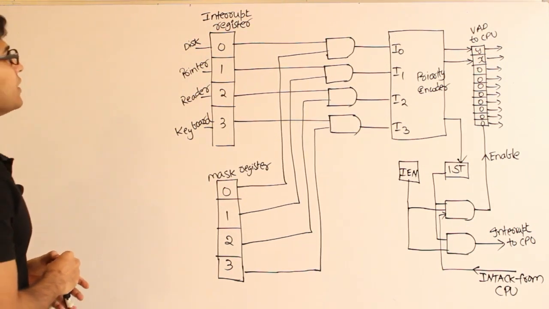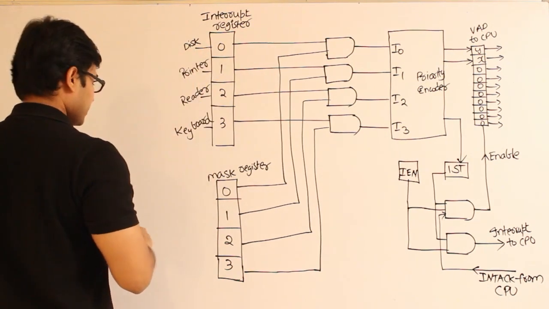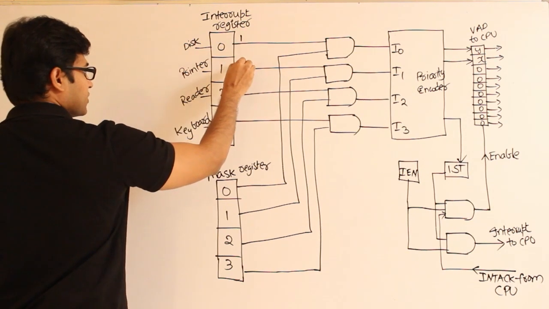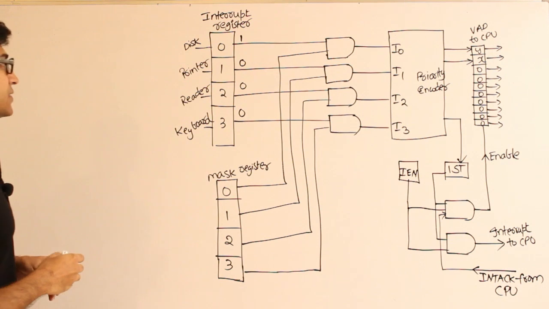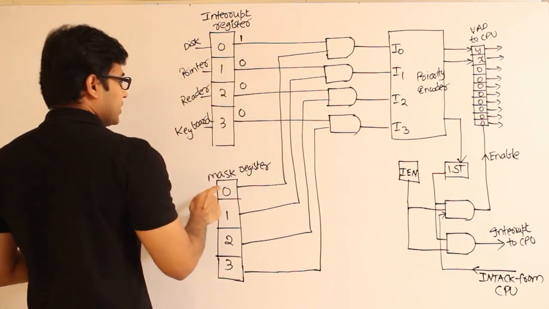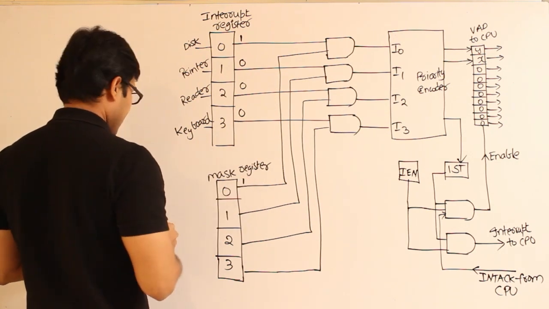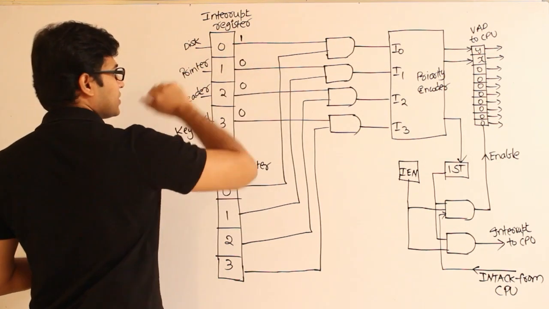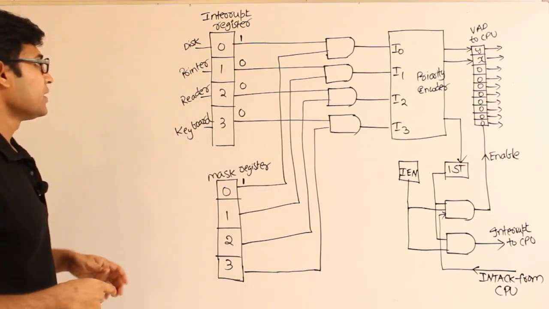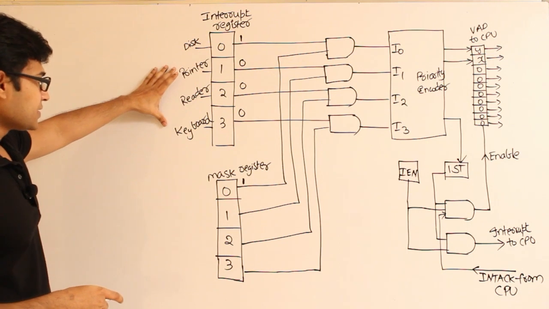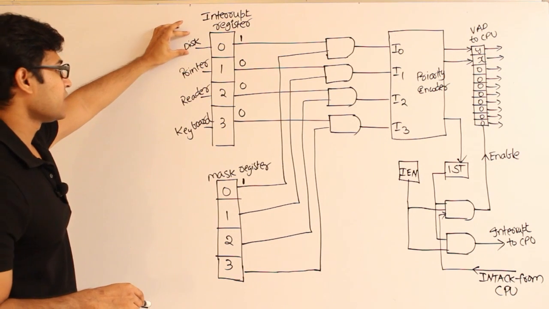To understand what we are trying to do here, assume that the disk has the interrupt now, which means this particular bit is 1 and all these bits are zeros. Initially this one will always be 1. Whenever we start processing, if any of these devices raise an interrupt later, we don't want to stop processing this particular ISR.